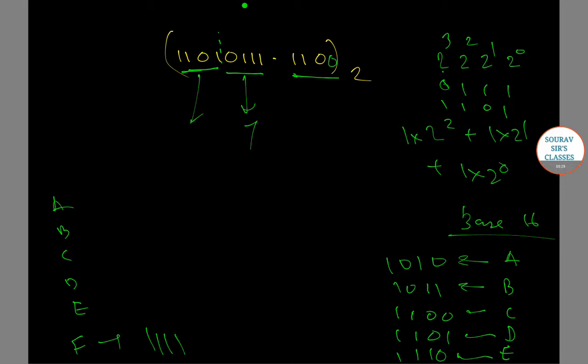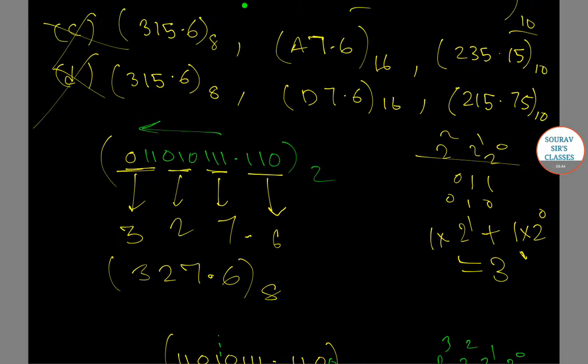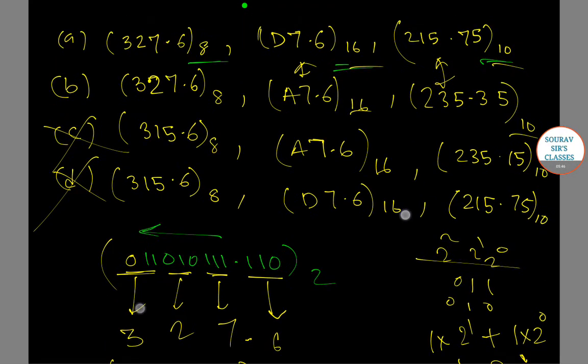So 1101 is D in hexadecimal, and this part will correspond to 1100. Let's check the number first.